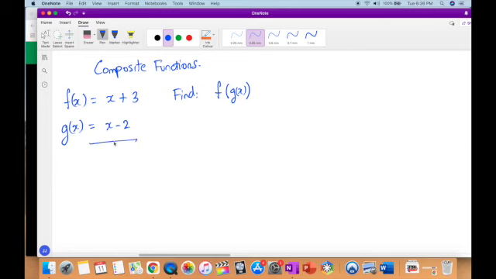What do I have to do now? Put that into x. So you see how the g of x gets put inside f of x? Just like how I had the f of 2, and wherever I have x, I'm gonna put 2, well, in the f equation, wherever I have x, I'm gonna put g of x.